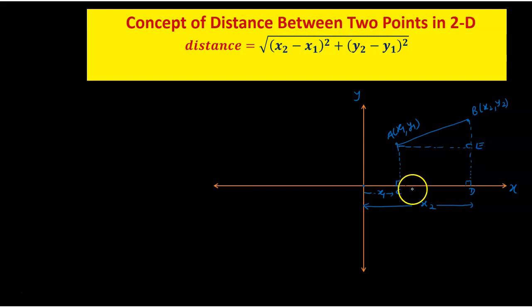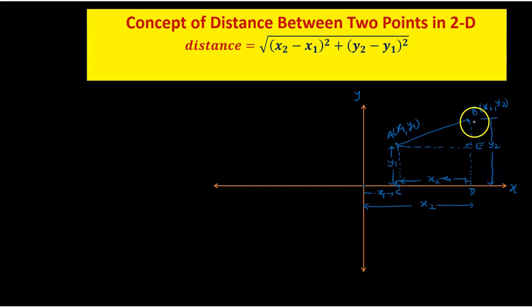Now what is our distance CD? CD is basically equal to x2 minus x1, because the total distance up to D is x2 and before C it is x1. So between C and D the distance is x2 minus x1. Similarly, this is equal to y1 according to the Cartesian system, and this distance is equal to y2.